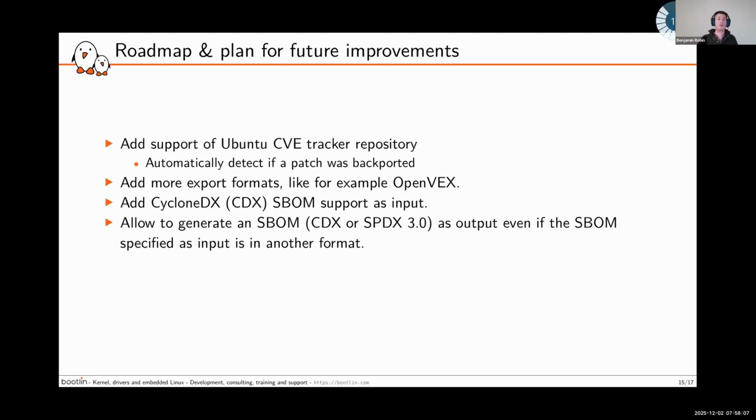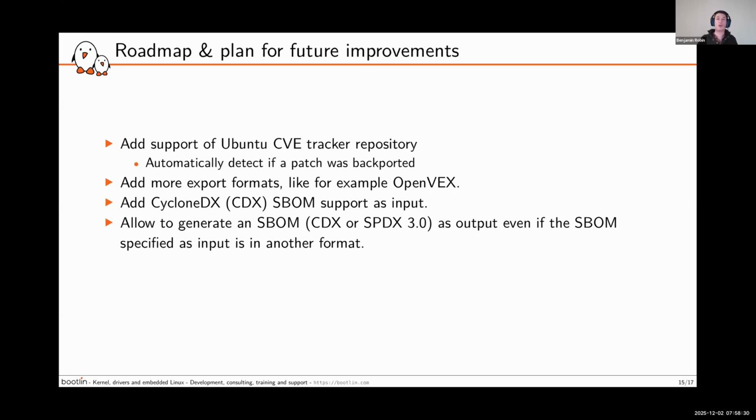This is the first version of this tool, and there are many improvements that are planned in the short or medium term. For example, we plan to add support for the Ubuntu CVE tracker repository. The goal is to automatically detect if a Linux kernel patch was backported.